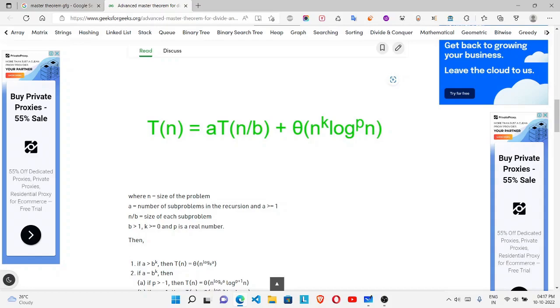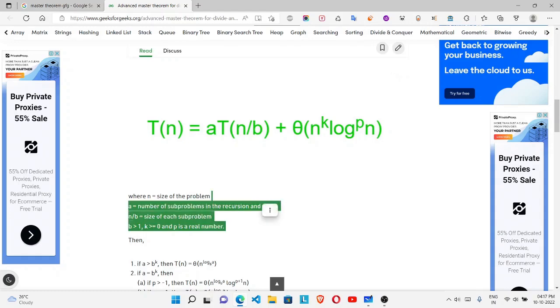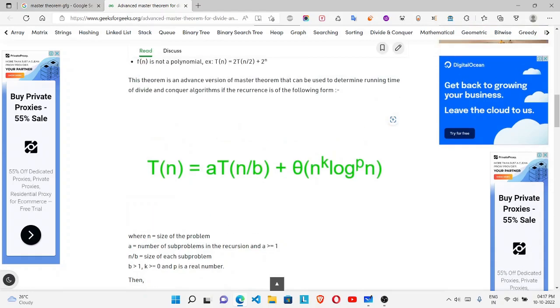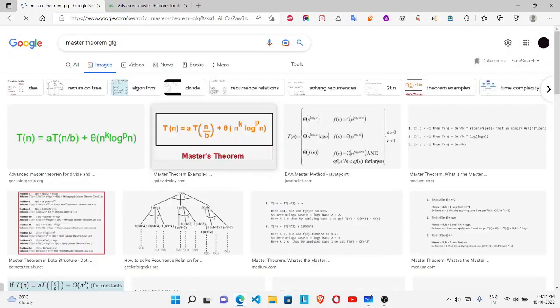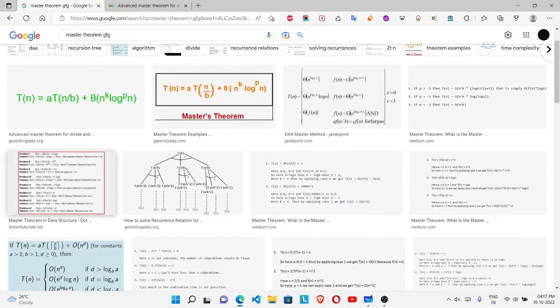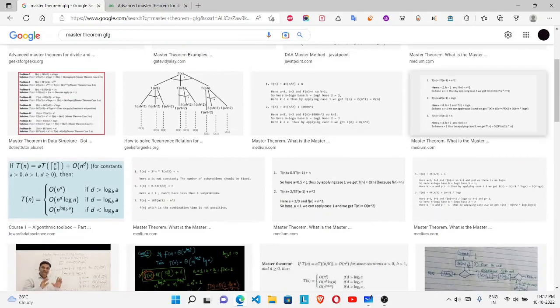But one most important part of the master theorem that we have learned is an advanced version of the master theorem, which is used for dividing functions. So you can see we have n by b. That's why we have the requirement that b is greater than 1. The actual older version of the master theorem was for decreasing functions.